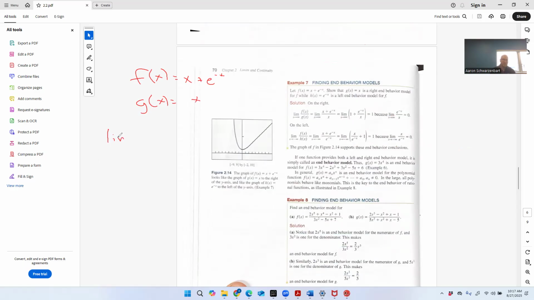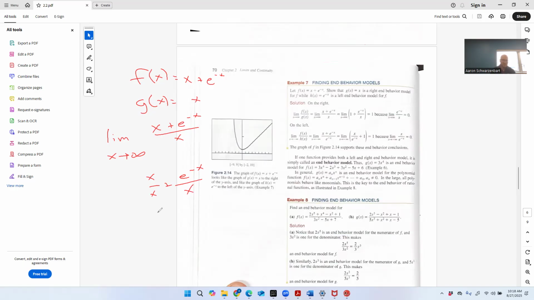So my limit as x approaches infinity, we'll get roughly the same thing. No, we won't. They're doing f over g, so I'm going to split this up: x over x plus e to the negative x over x.